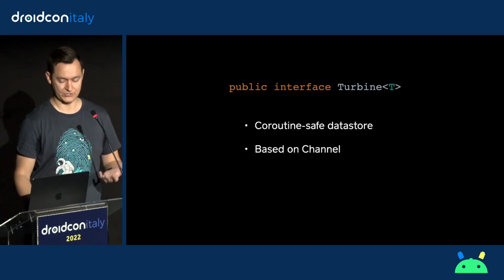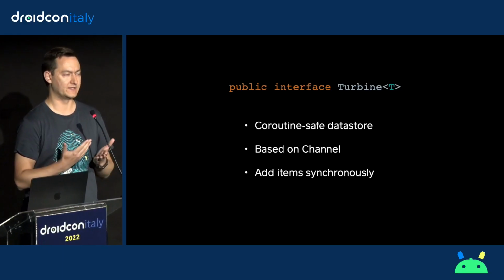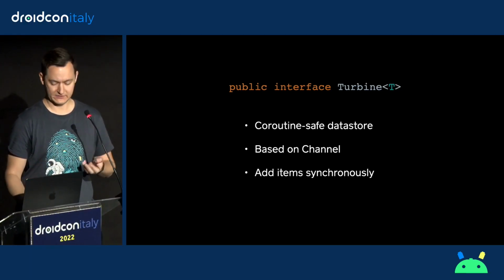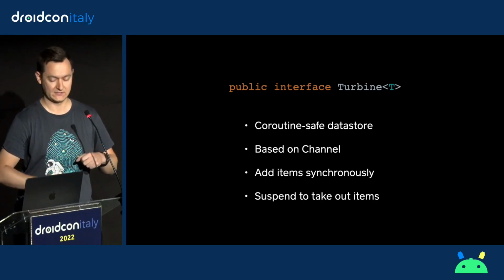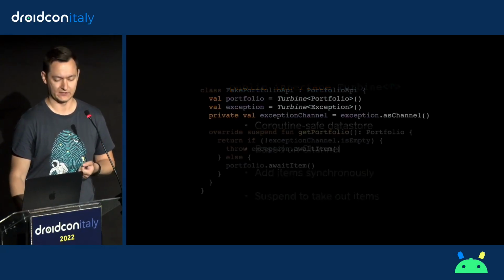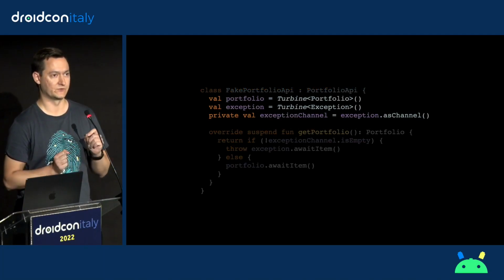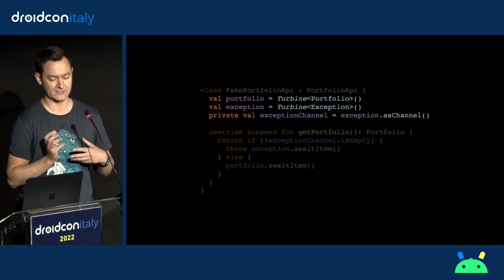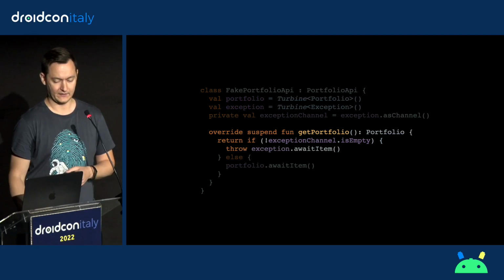It's actually based on a Kotlin channel. The idea is that in Turbine, you can add items to the Turbine synchronously, and you can suspend when you want to extract items. That's going to prove useful in the design of our fake. So here we're defining two Turbines. One is for our portfolio objects, and the second for our exceptions, so we could test some of the failure scenarios.